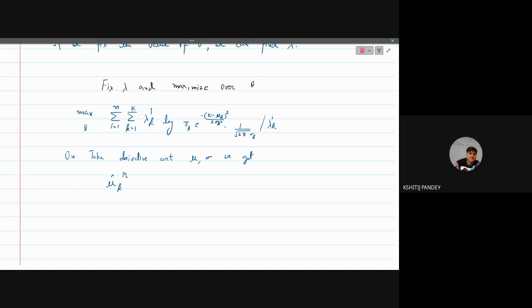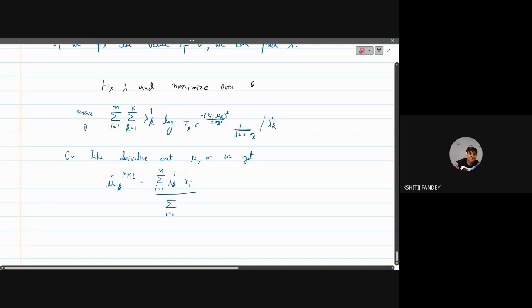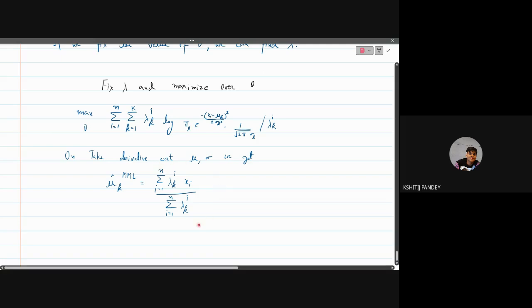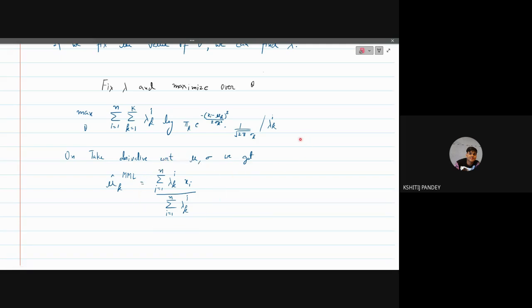For the kth mixture, this value is equal to the summation over i from 1 to n of lambda ki times xi, divided by the summation over i from 1 to n of lambda ki. This is the mean of that particular mixture.